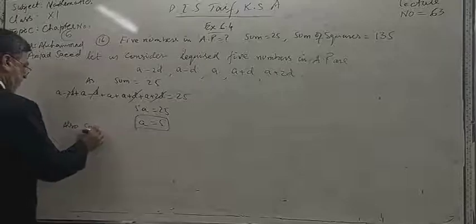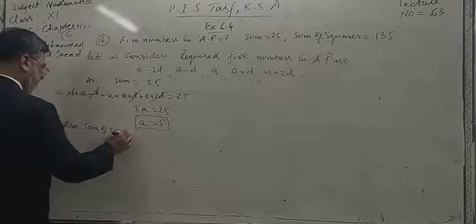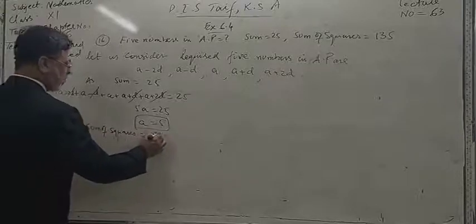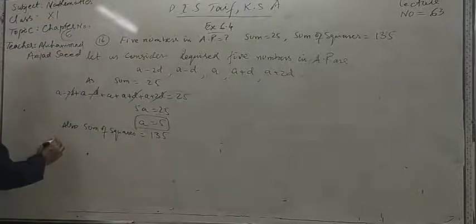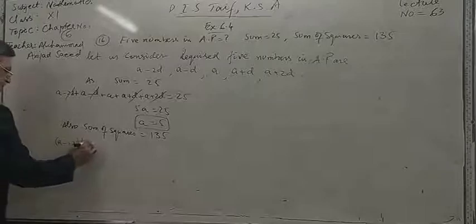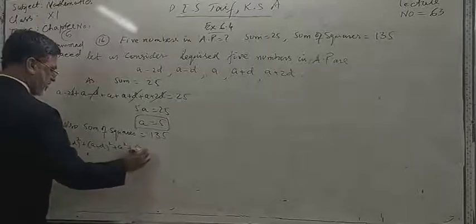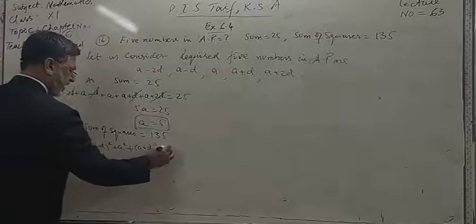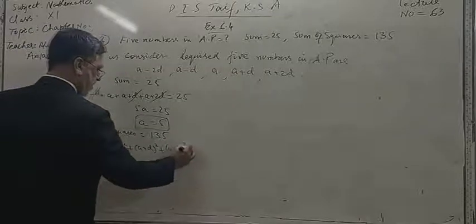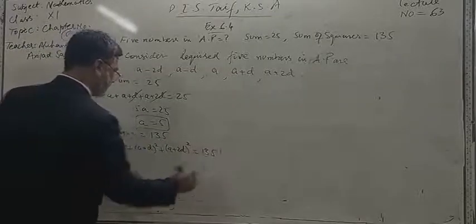also the sum of squares. Sum of squares is equal to 135. What is the sum of squares? A minus 2D whole square, A minus D whole square, A square, plus A plus D whole square, and A plus 2D whole square is equal to 135.